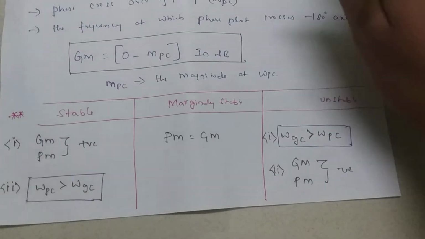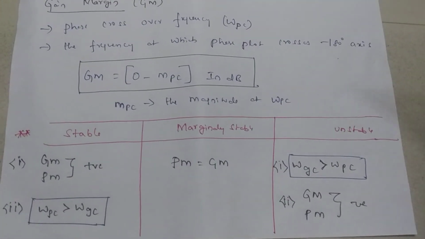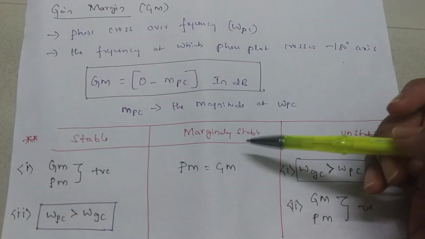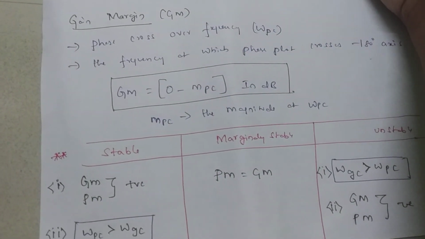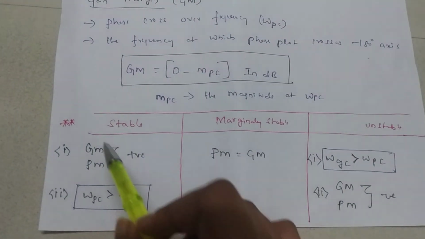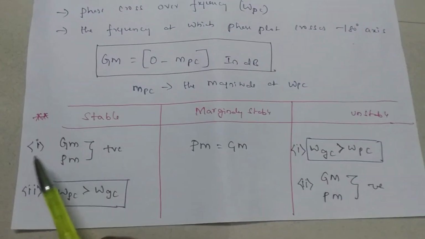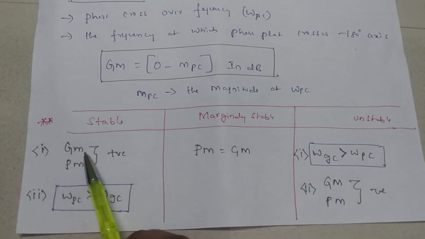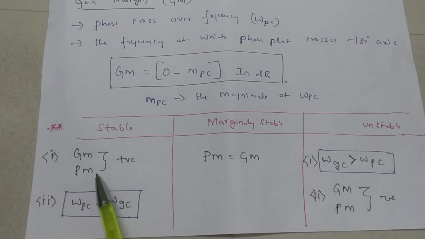Next is to identify whether the given transfer function is stable, marginally stable or unstable, relating gain margin and phase margin. See, this is the stable part, this is marginally stable and this is the unstable part. The first condition: GM is gain margin and PM is phase margin.